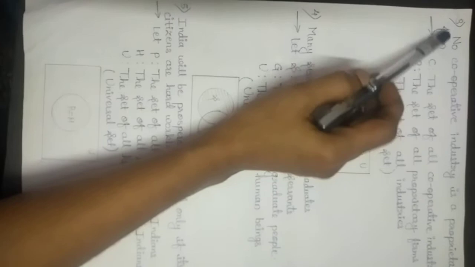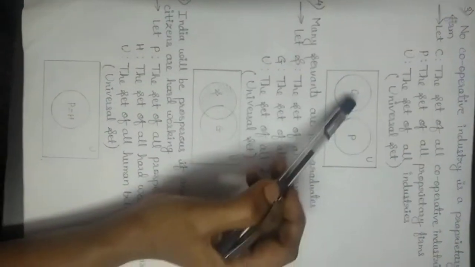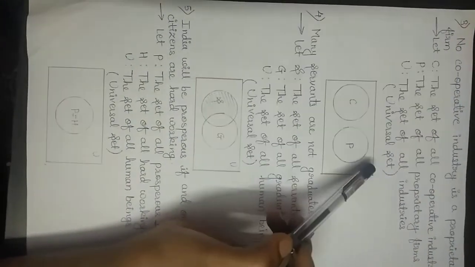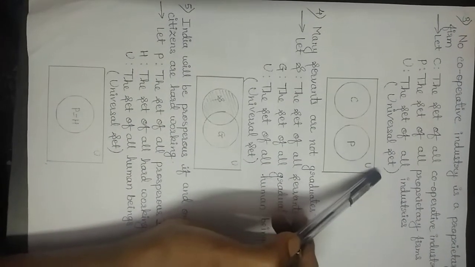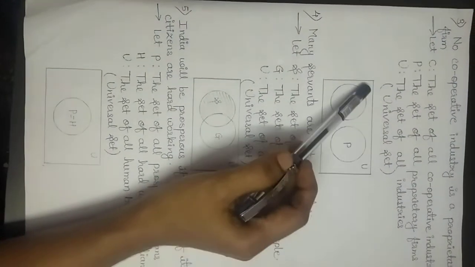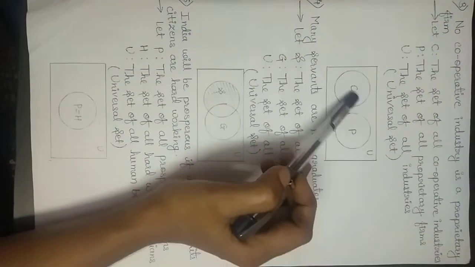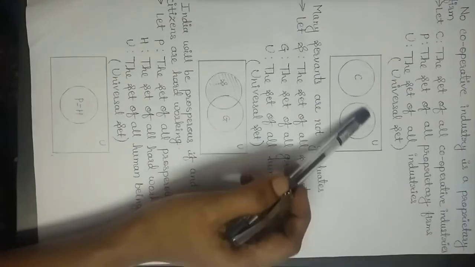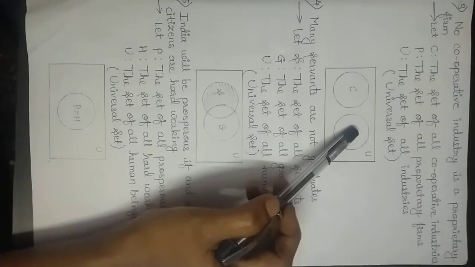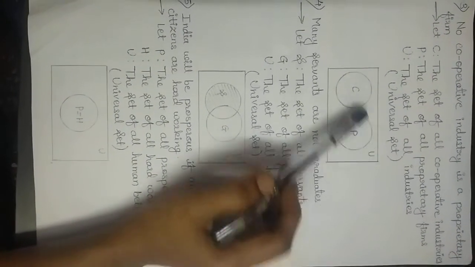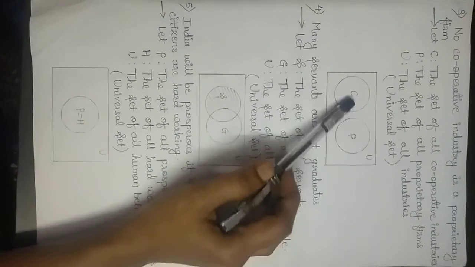Now since here no is given, we will draw two separate circles, and this rectangular box is nothing but our universal set, and here in one set we will show all cooperative industries and in one set we will show all proprietary firms. So here we will show two different circles.